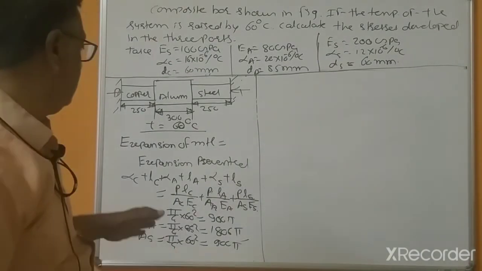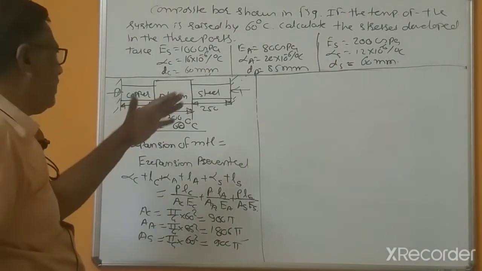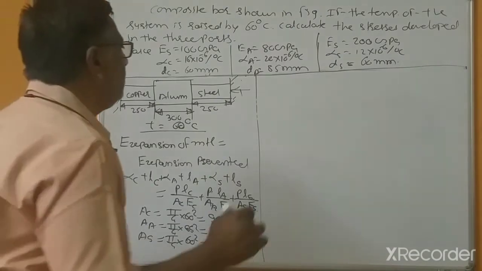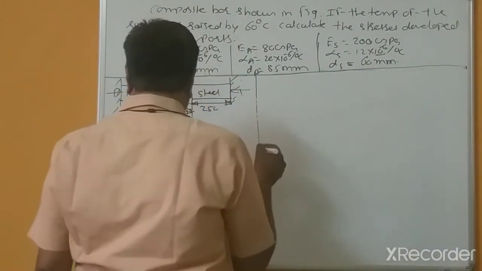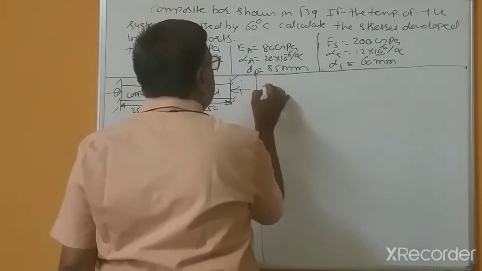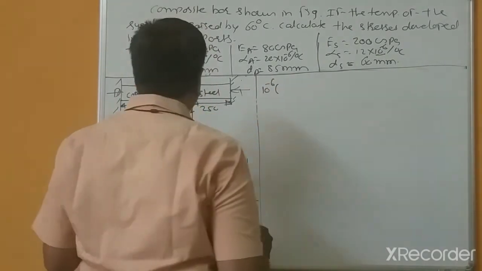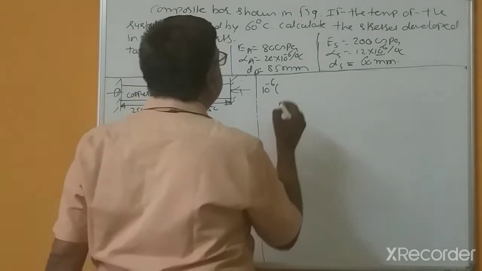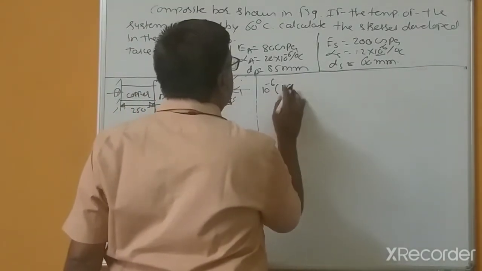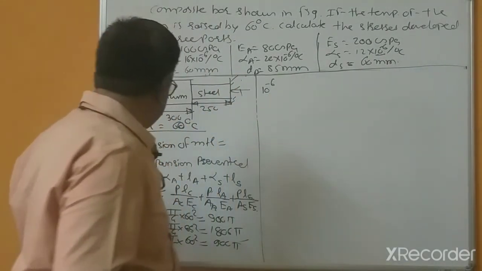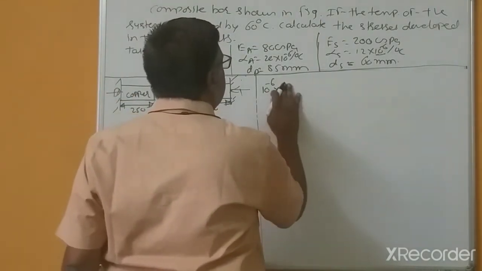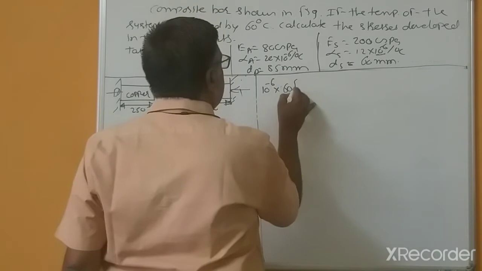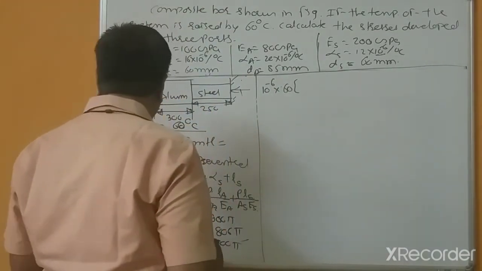Right. So now can I write? As per the given, by taking 10 to the power minus 6 common, now alpha C is 16, directly I am taking common temperature 60 degrees centigrade. Now what is in the bracket?